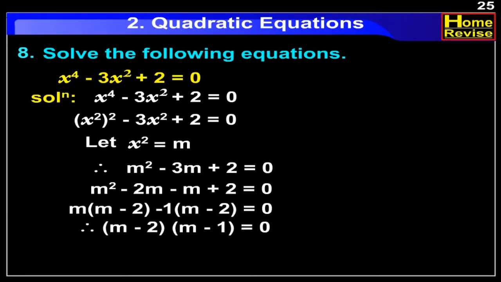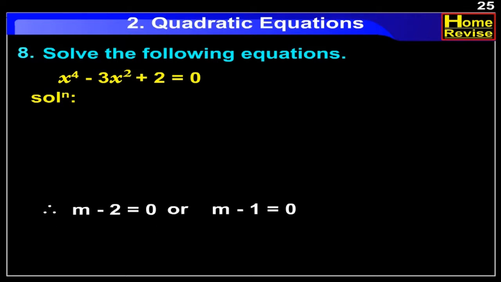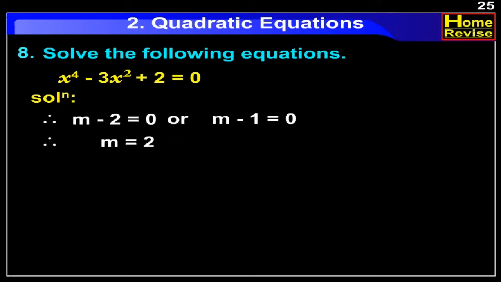Therefore, (m minus 2) into (m minus 1) is equal to 0. Therefore, m minus 2 is equal to 0 or m minus 1 is equal to 0. Therefore, m is equal to 2 or m is equal to 1.